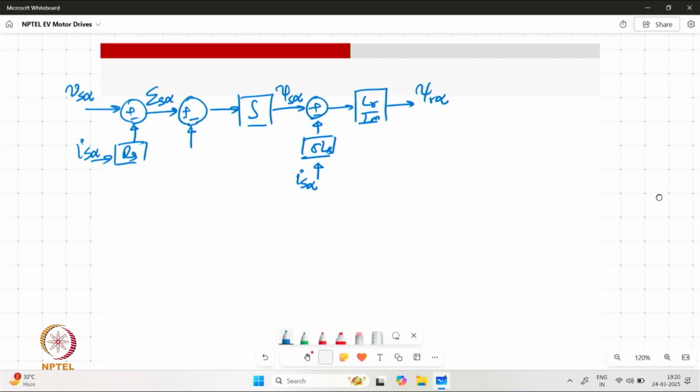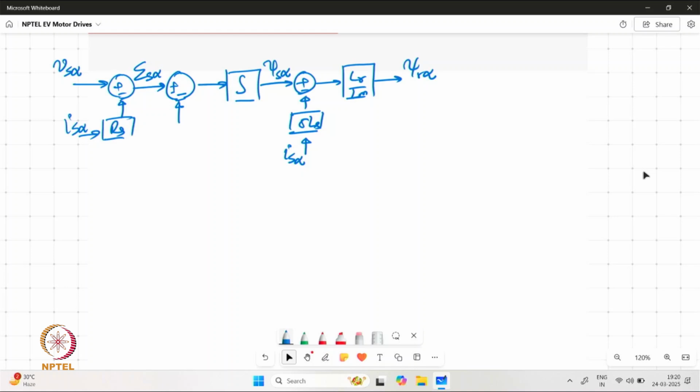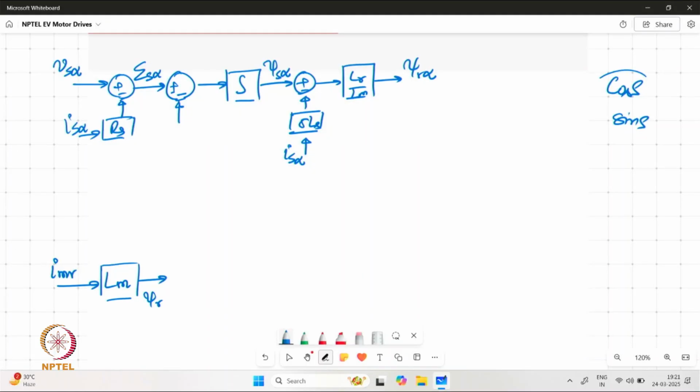Now, if we notice, we also have an estimate of I M R available within our system. And the magnitude of the rotor flux is basically Lm times I M R by definition. So we have a different way of estimating the rotor flux magnitude, and since we are computing the unit vectors cos rho and sin rho, the magnitude can be multiplied with the unit vectors to obtain the exact component of the rotor flux.